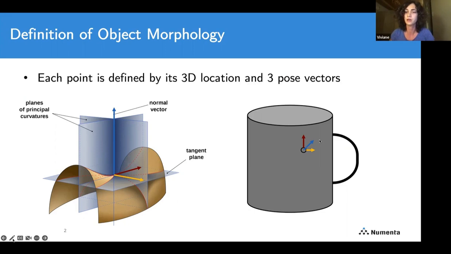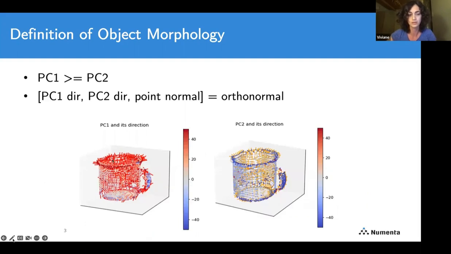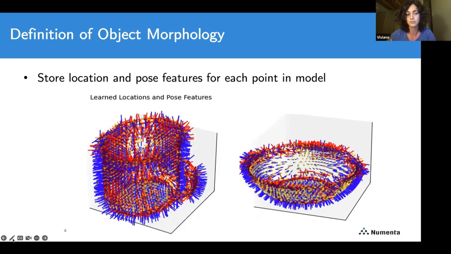It's within the object model's reference frame, and it tells you the orientation of that point. As an example, all the blue vectors here are the point normals, and they always point away from the surface.